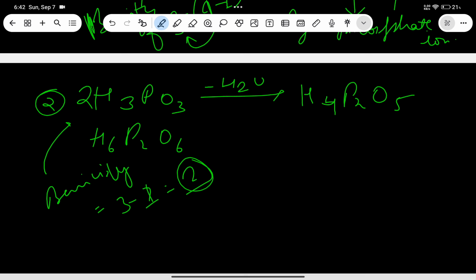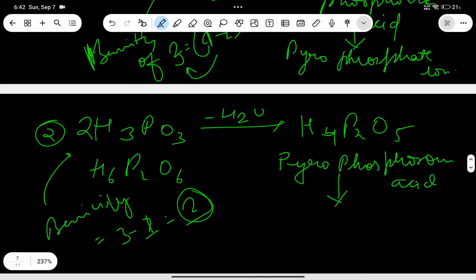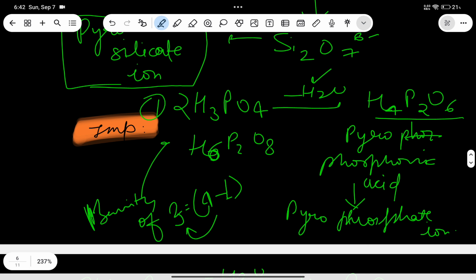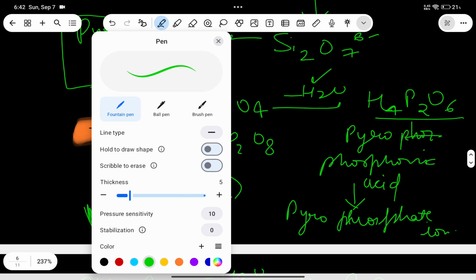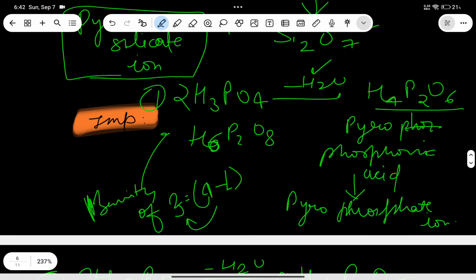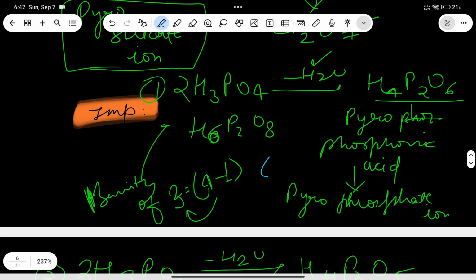So it will be basically pyrophosphorus acid. But one thing that you have to remember is the anion that will be formed. Let me write the actual formula of the anion.